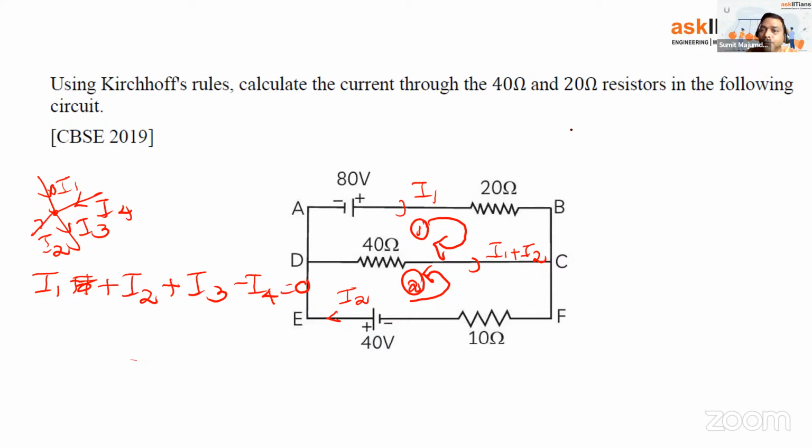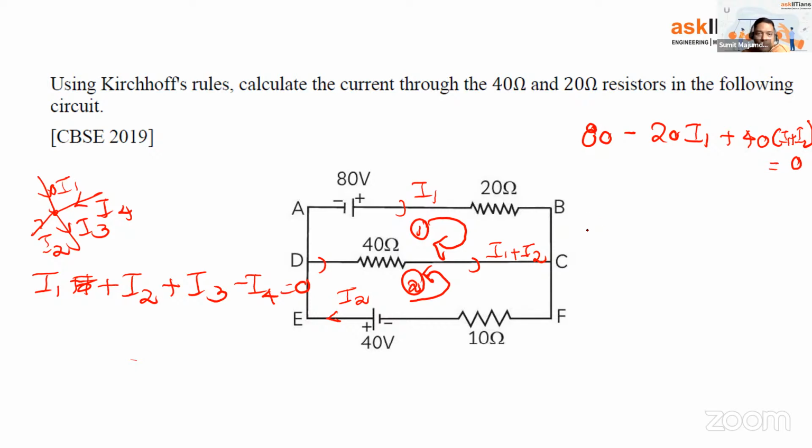Let's see. For the first loop, we will say we have 80 minus 20 I1, right? And now if you see the direction of current we have taken through 40 ohms is towards the right, okay? And we are entering that point in the opposite direction, correct? So we will take it to be positive. So plus 40 into (I1 plus I2), which will be equal to 0.